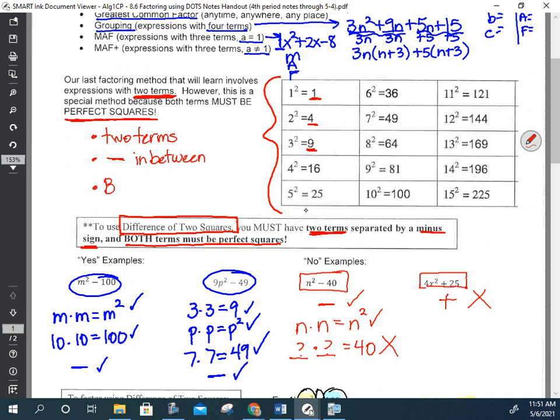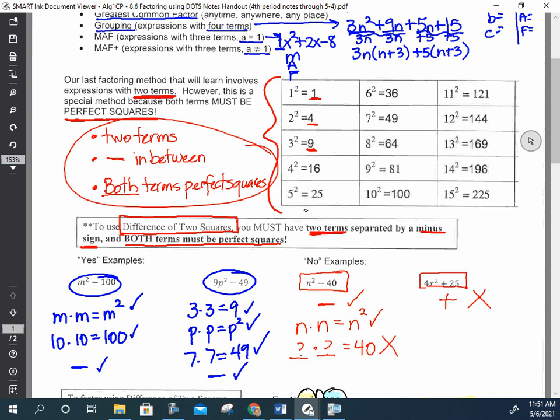Number three, both terms need to be perfect squares. Those three requirements are summarized in that box underneath, and they're the three things that have to happen if you're going to use the difference of two squares.